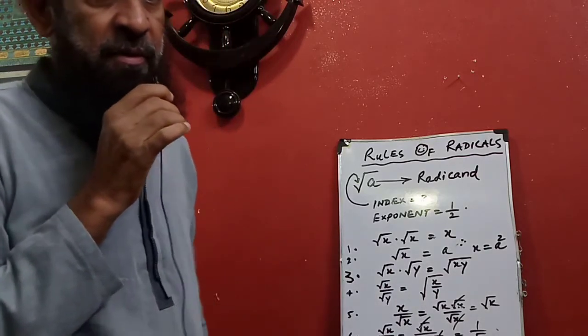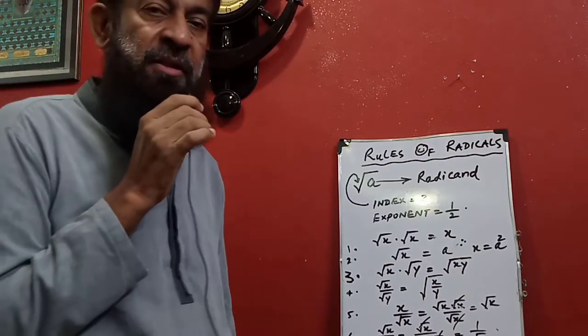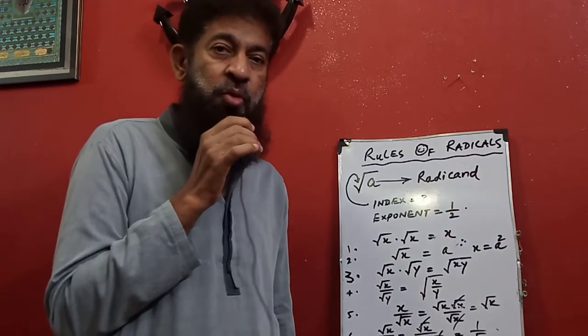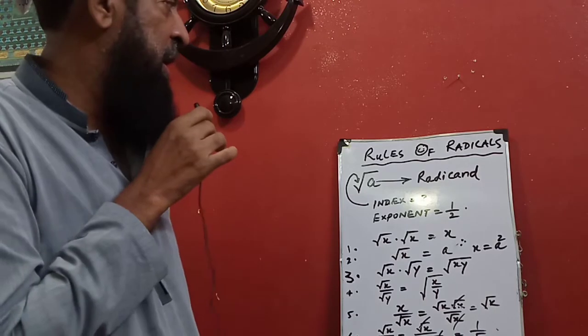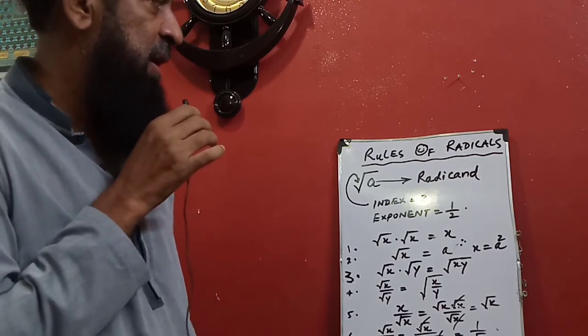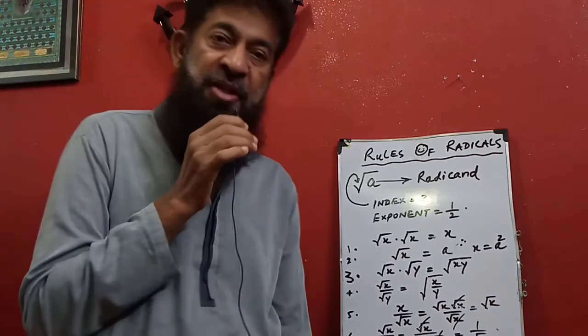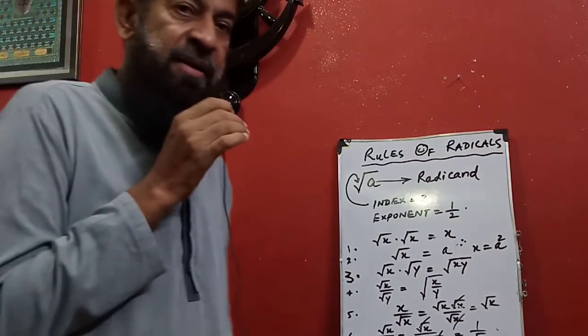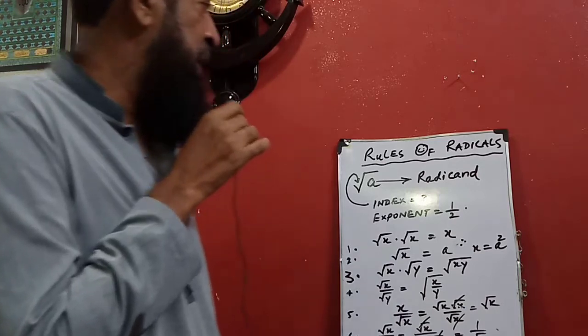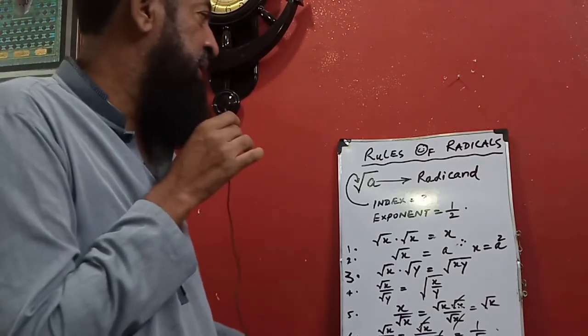System of real numbers, exponents, and radicals. Today, our class is especially based on the rules of radicals and the natural numbers. We will start our class with the rules of the radicals.